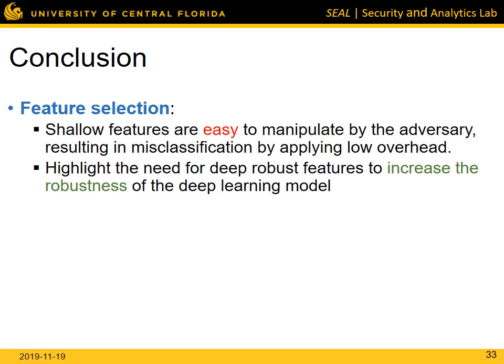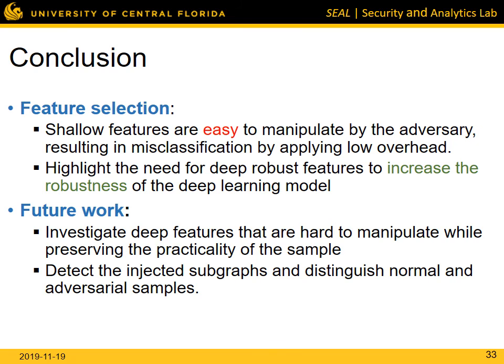In order to increase the robustness of the model, deep, robust features are required. As future work, we are interested in investigating deep features that are hard to manipulate while preserving the practicality of the samples. And we are also interested in proposing practical methods to distinguish normal and adversarial examples against GIA and SGIA.